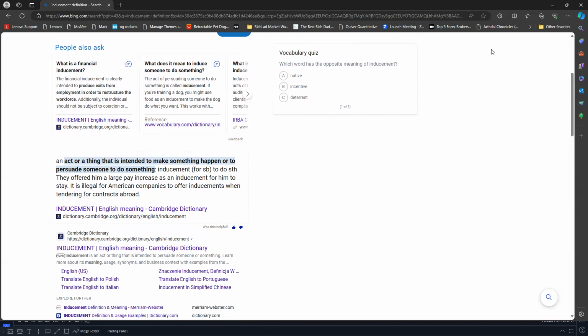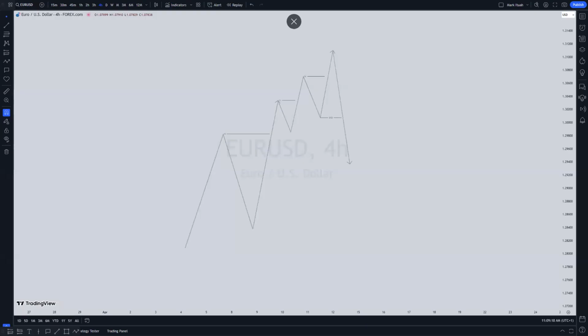So the simple way I define an inducement, when it comes to chart work or the forex market, let's just call it chart work, is this: it's a price move that gives traders the first perception of price, leads them into the first direction of price, and then immediately reverses to the opposite direction.